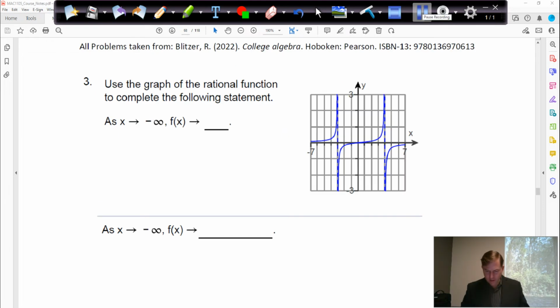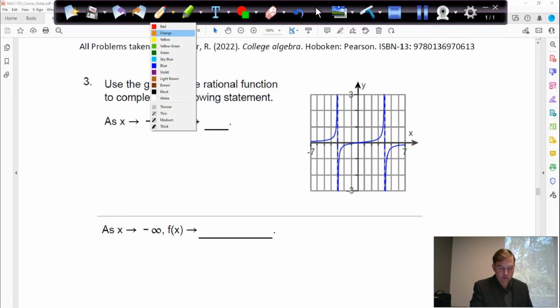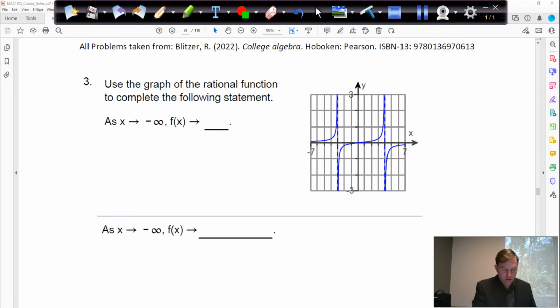For 3, they give us a function, and they ask, what is the function doing? They're going to say, as x approaches some value, what is the y value doing? So let's put in some things here. This means as x approaches negative infinity, the x is way out over here.